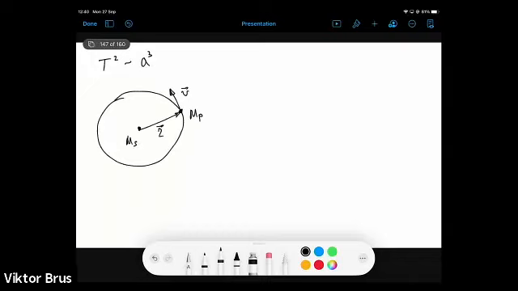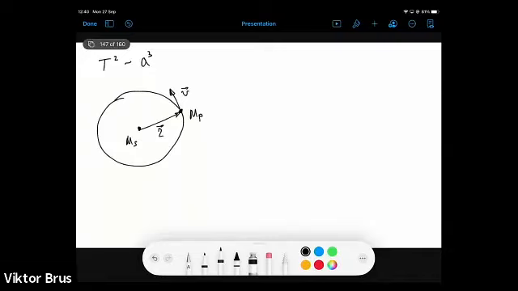So we know that there is a gravitational force between the sun and the planet. And another force which counterbalances this force is the centrifugal force.